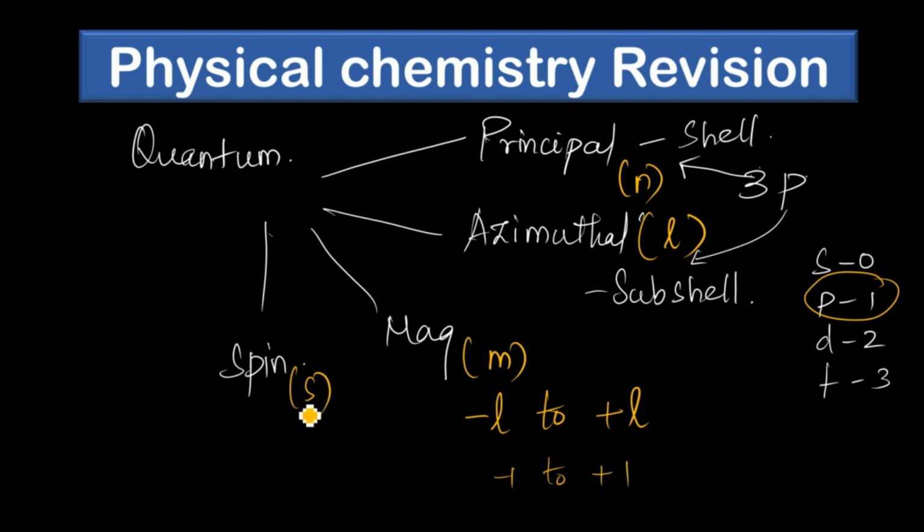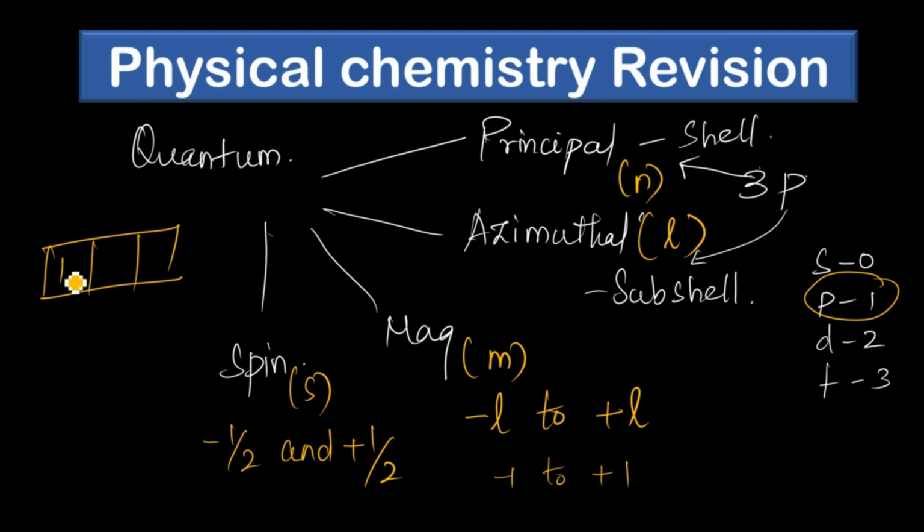Spin quantum number always has 2 values, that is minus 1 by 2 and plus 1 by 2, because in an orbital we are writing 2 electrons, right? So one is clockwise, another one is anti-clockwise. The minus 1 by 2 and plus 1 by 2 refers to that. As simple as that.